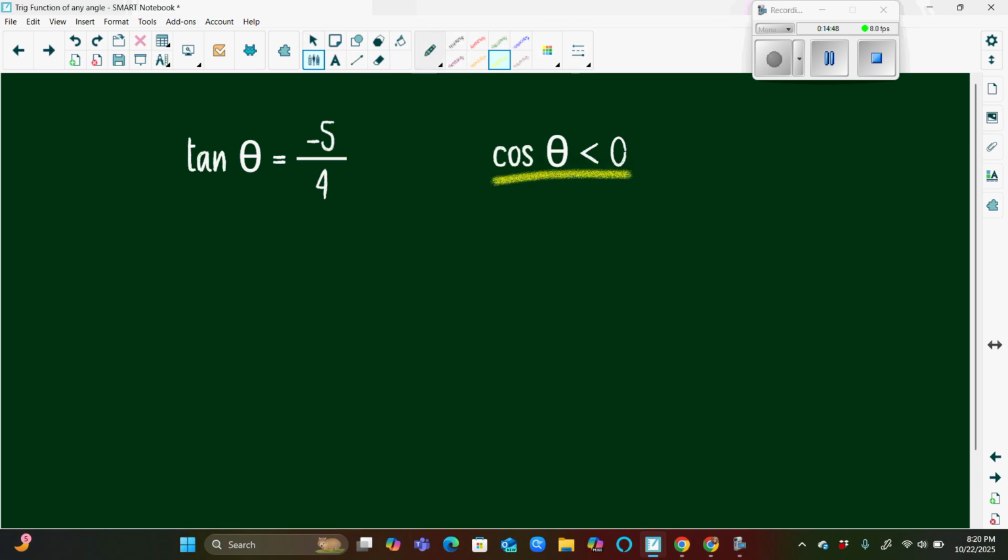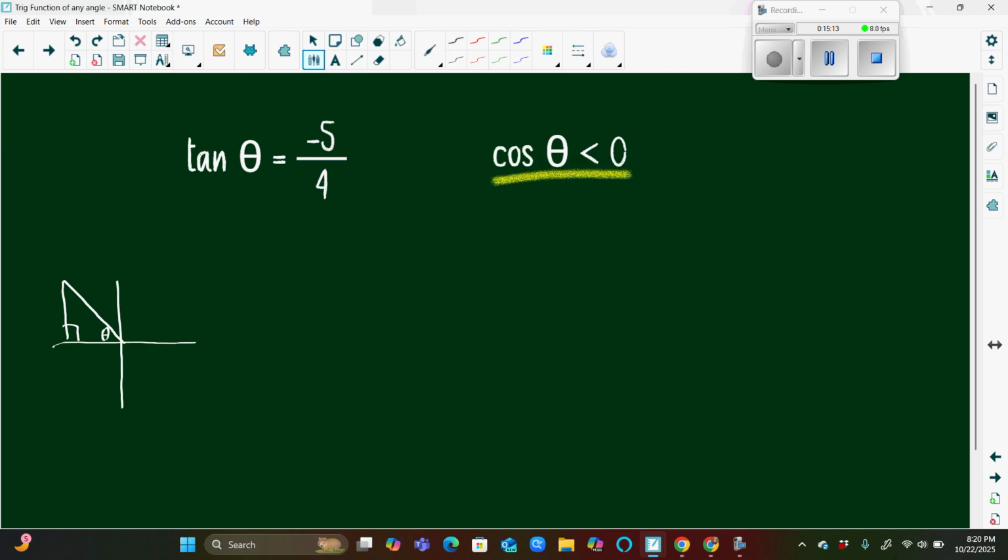So let me get my pen. So draw my x-axis, my y-axis. And so in the second quadrant, I'm going to come from the origin, draw my radius, my hypotenuse, drop to the x-axis, draw my right triangle. And again, theta is going to be this angle over here near the origin. Okay, tan is y over x.